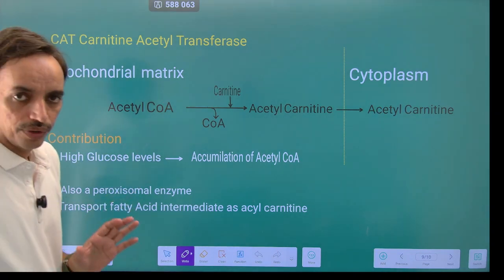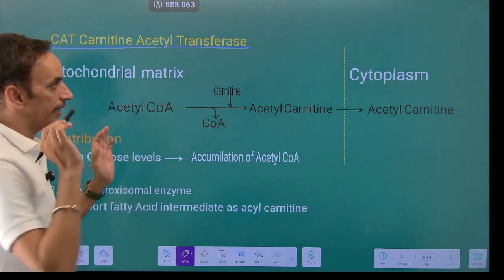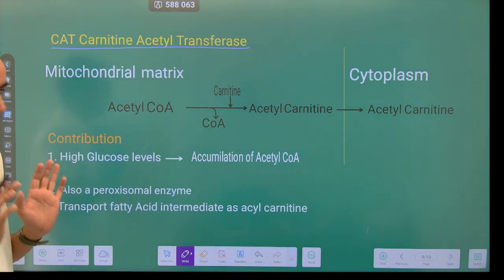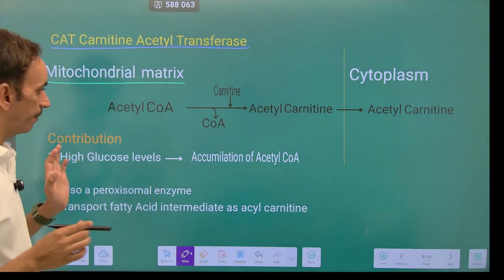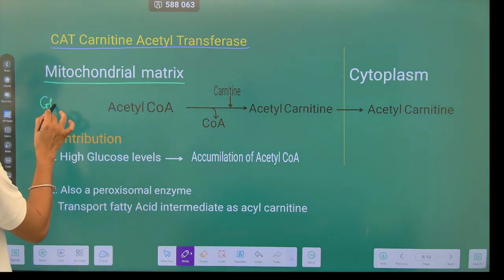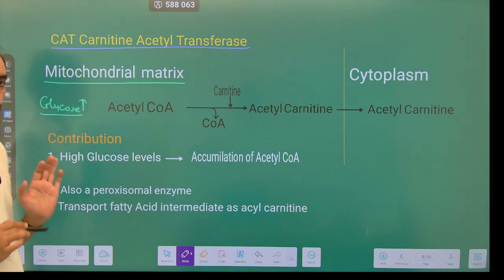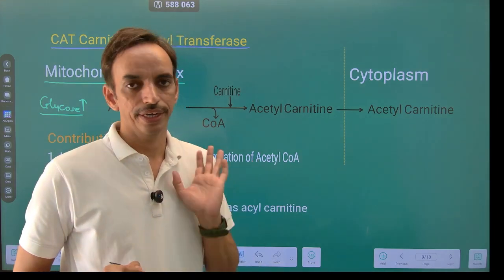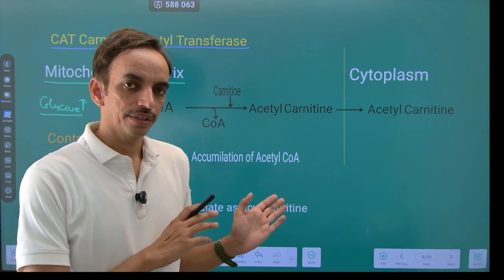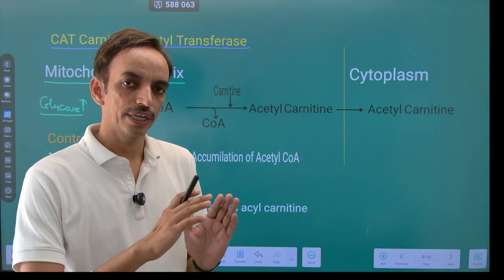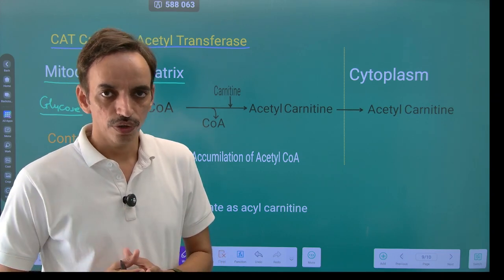Another important enzyme of beta oxidation is carnitine acetyl transferase. It is not acyl, it is acetyl transferase. Now, within the mitochondrial matrix, if the glucose level is high, then you need not generate energy from fatty acids. You have glycolysis, the Krebs cycle, and plenty of glucose, which can participate in oxidation reactions and produce a huge amount of energy.